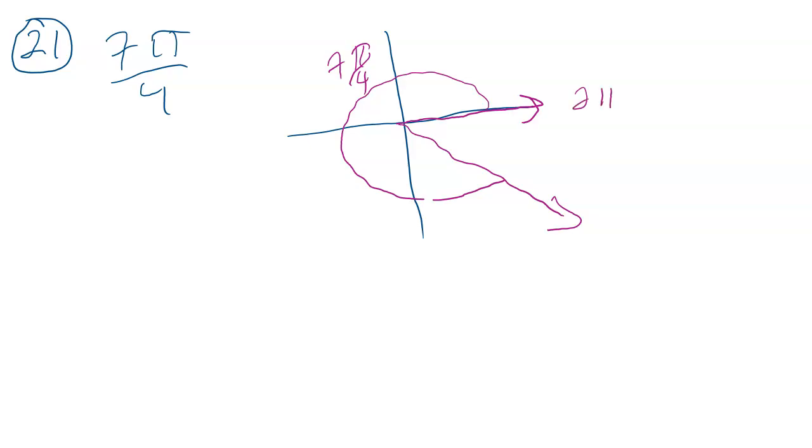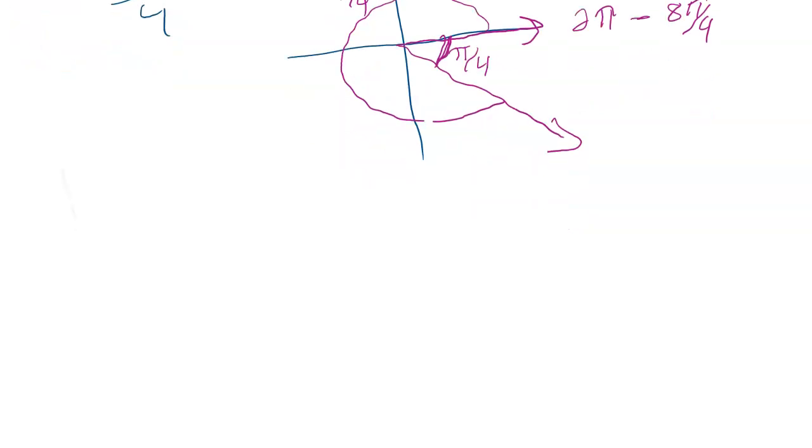I know this is 2 pi, or if I want, this is the same thing as 8 pi over 4. So how many pi's over 4 are we from 2 pi if we're at 7 pi over 4? That is just a pi over 4 as our reference angle. I know that looks terrible, but that's what it is.